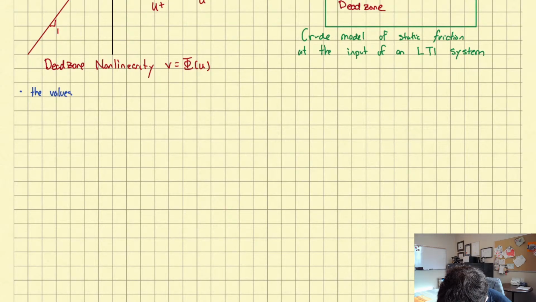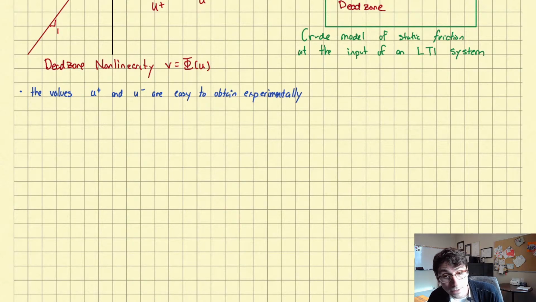They are easy to obtain experimentally. Though again, it's time varying. So it might be that when you finally go to implement your controller in November, the values that you have for U plus and U minus in the lab may have changed.